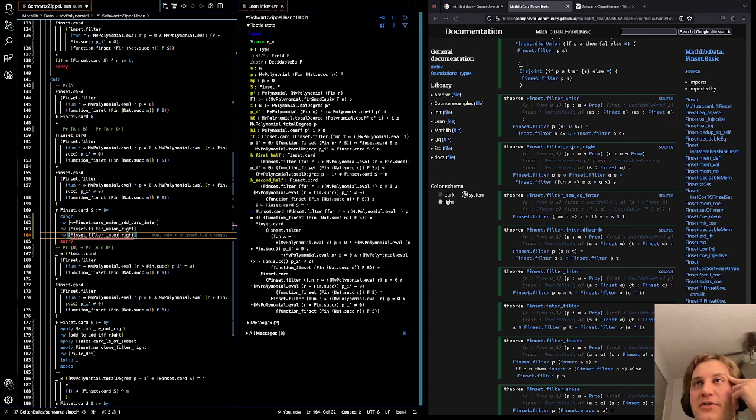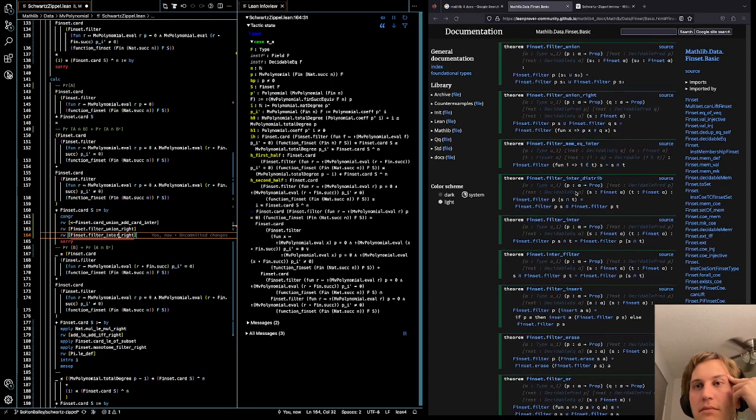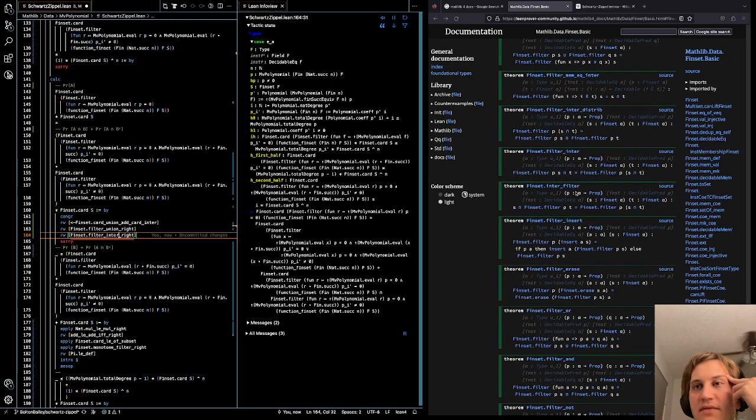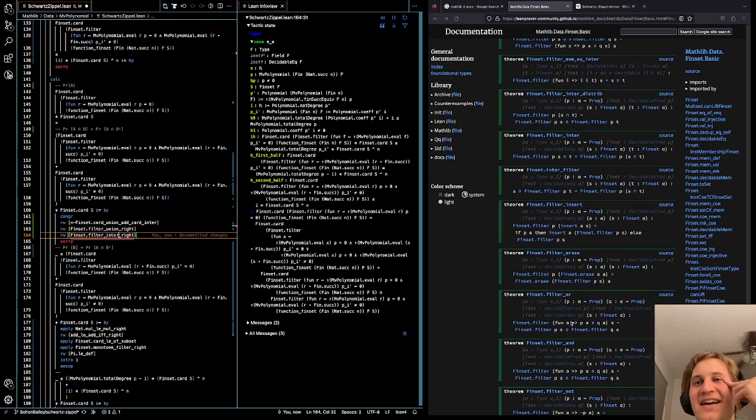And furthermore, filter union right should have an analogous lemma, but it does not seem to have that. Filter or. It has the analogous lemma, but it's just down here and it's written differently. And then there's filter and, which I believe takes a decidable pred.